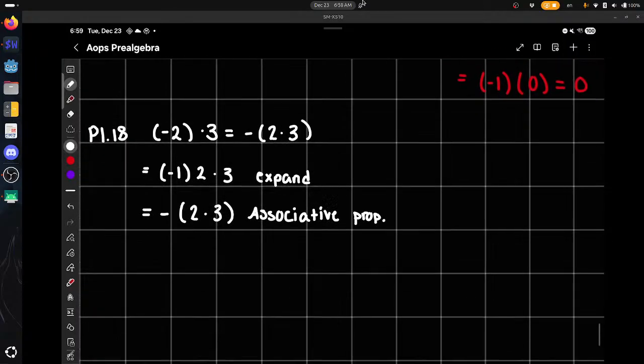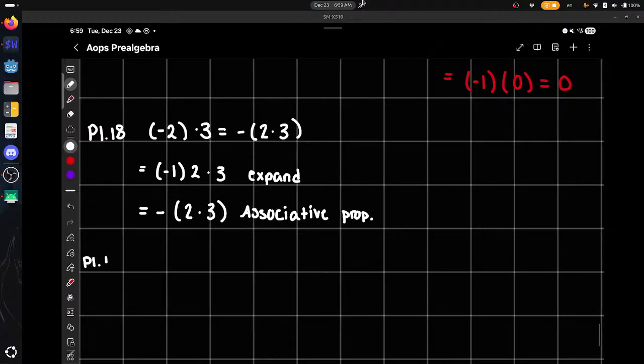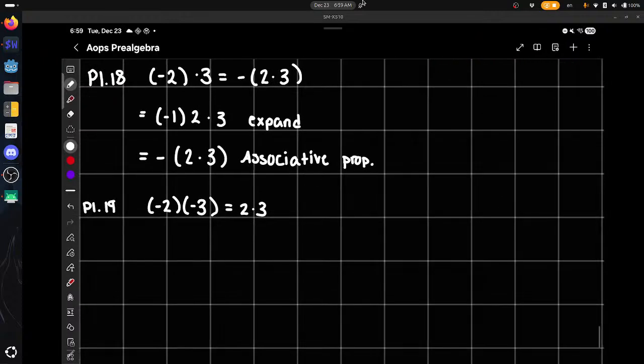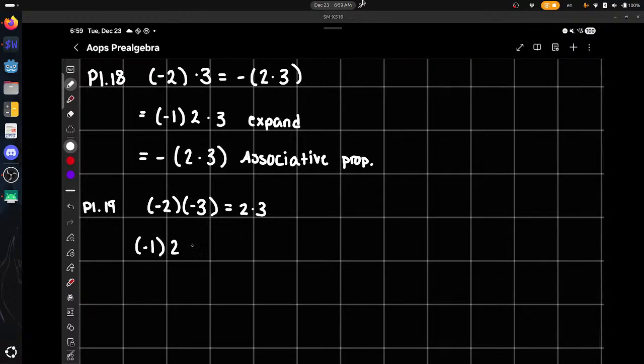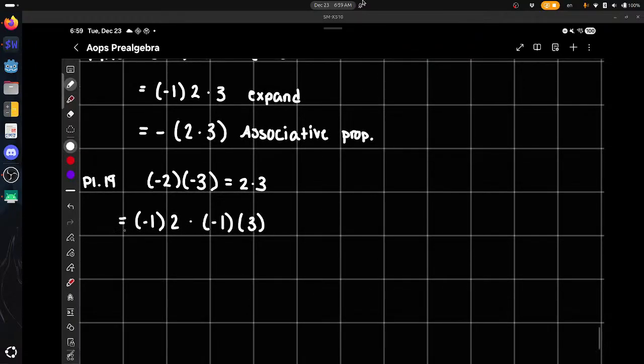Okay, problem 19. Using the fact, explain why negation 2 times negation 3 equals 2 times 3. This one's easy too. If we just use the following property, we have this, which means that we have a common factor now, so we can use the distributive property of multiplication over addition.